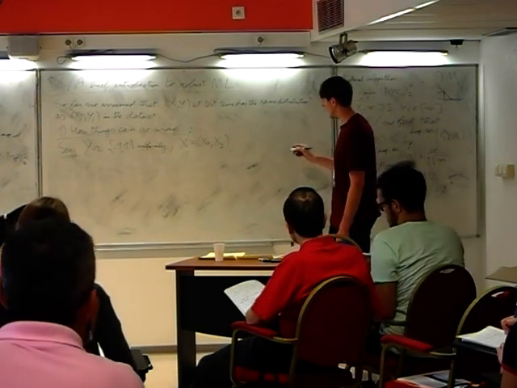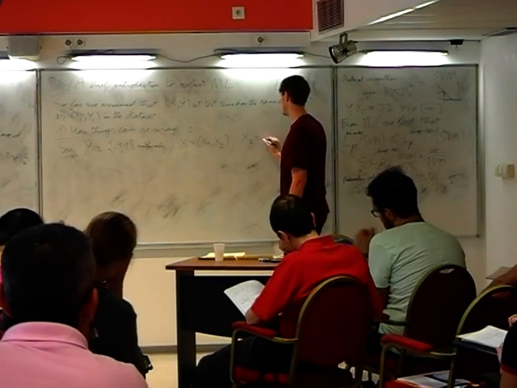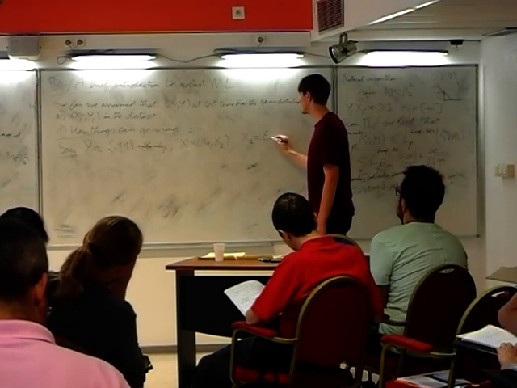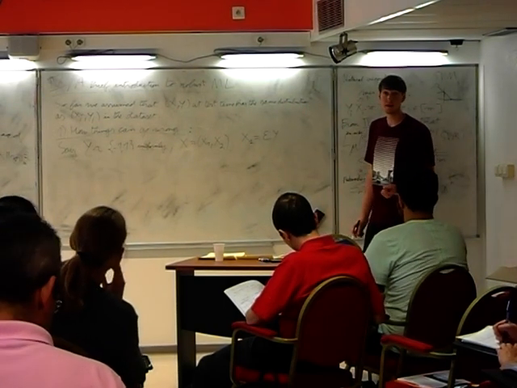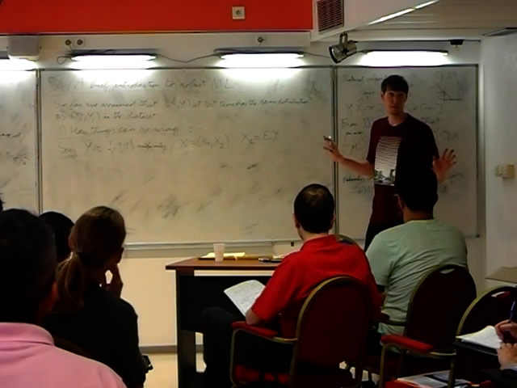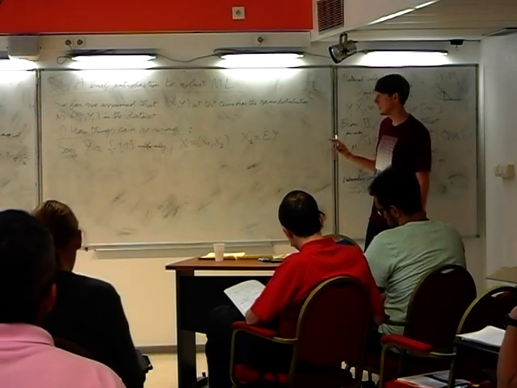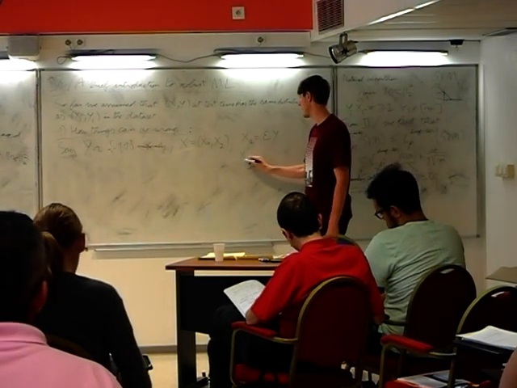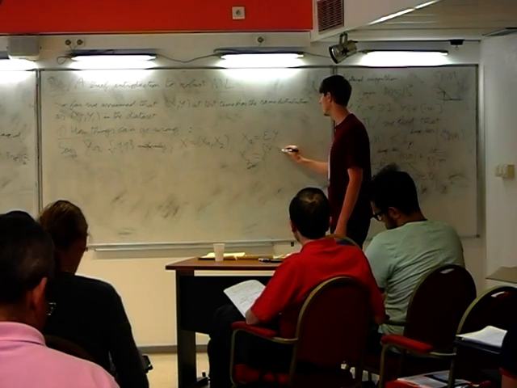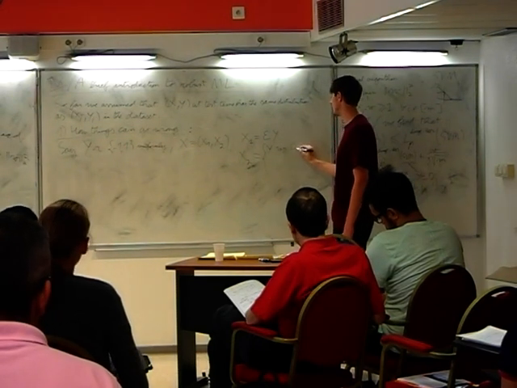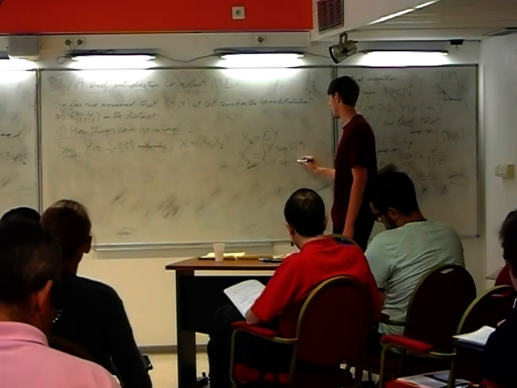And the coordinates are going to be like this. x1 is going to be epsilon y, for some epsilon. So in the first coordinate, you actually read the output. You know what the output is. And x2 is going to be y with probability, say, 0.9, and minus y with probability 0.1.